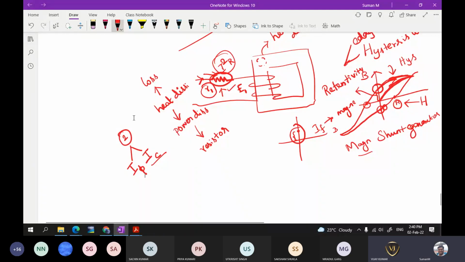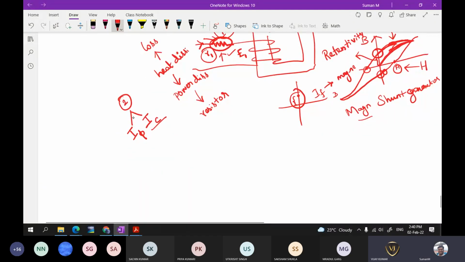Now this current is going to flow through the resistor. So this current and this voltage will be in phase with each other, right? Because if that current is flowing through the resistor, then that current and the voltage across it will be in phase with each other.